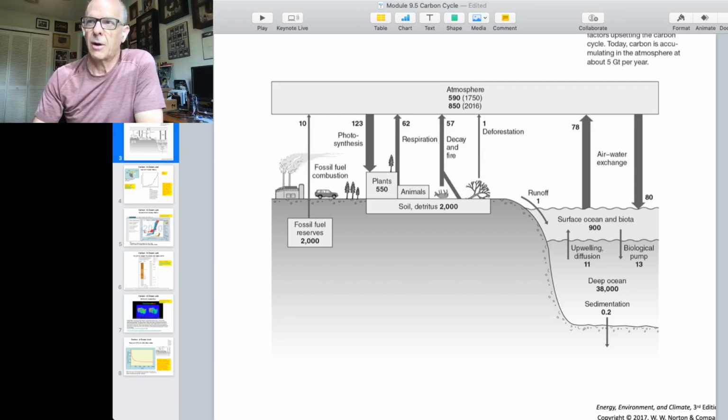And of course, there are consequences for the increases in those other arrows. The main downward arrow that can increase is this 80 on the far right. Can't do much about the photosynthesis arrow unless we plant lots and lots and lots of forests. With that downward arrow, if we increase the CO2 in the atmosphere, we can increase that downward arrow into the ocean.